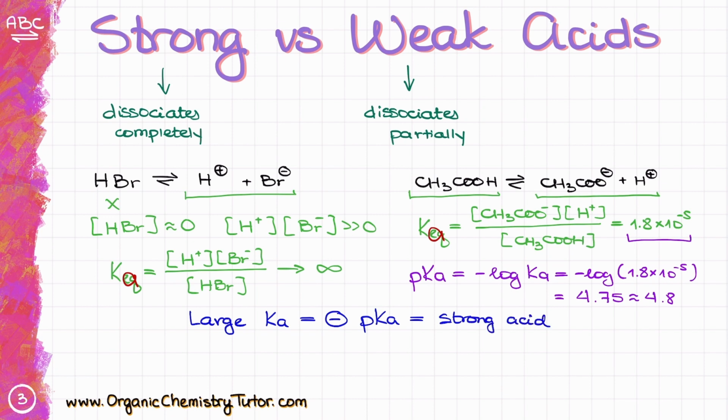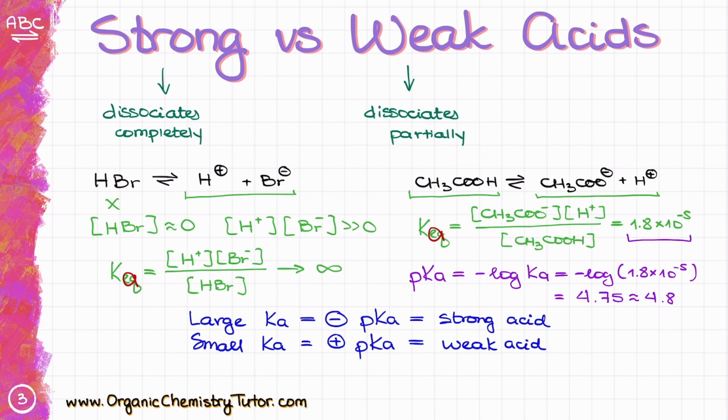So if, let's say, I were to look up the pKa of HBr, the pKa of HBr is something like -9 or so, which means that the Ka value for that is going to be somewhere around 10 to the 9th power, which is an astronomically large number. However, on the other hand, if we have a small Ka value, that corresponds to a positive pKa, that's simply how the math works, and that corresponds to weak acids.